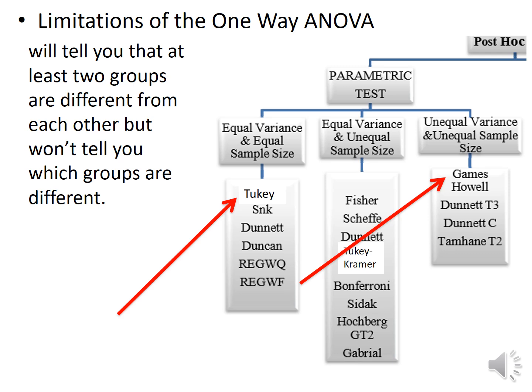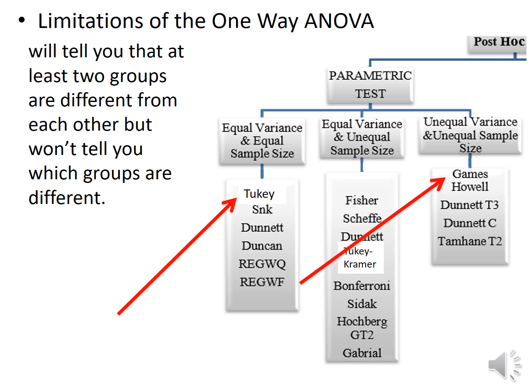if our groups are assumed to have equal variances and they are of equal sample size, let's say for instance, for our shampoo example, the group who would use Pantene will be 30, the group that would use Palmolive would be 30, and the group that would use Sunsilk will be 30.